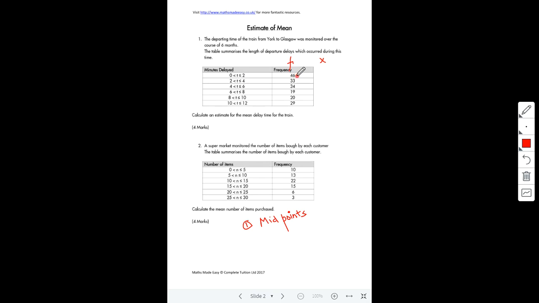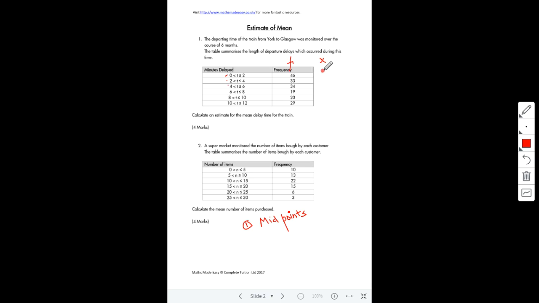Definitely you have to calculate the midpoint for this variable. So what's the midpoint of 0 and 2? I've told you to calculate the midpoint, you have to add the two numbers and divide them by 2. You will get the midpoint. So what's the midpoint of 0 and 2?